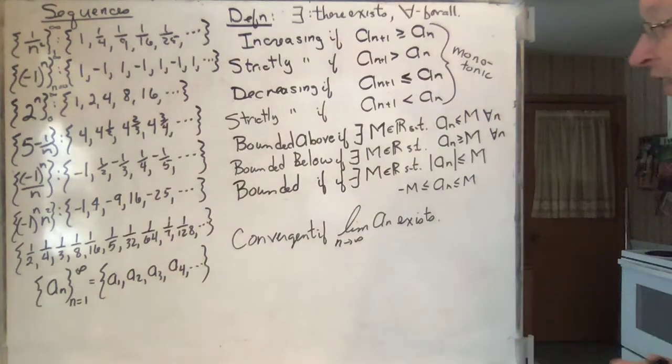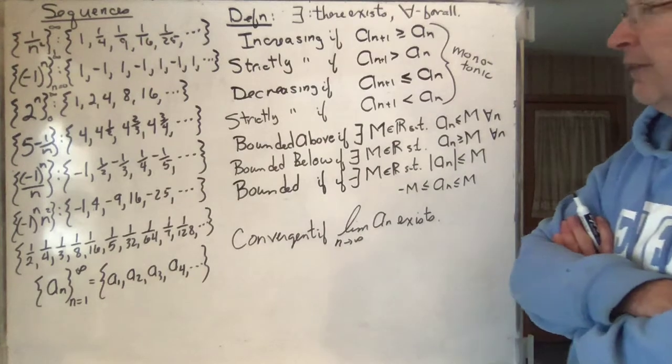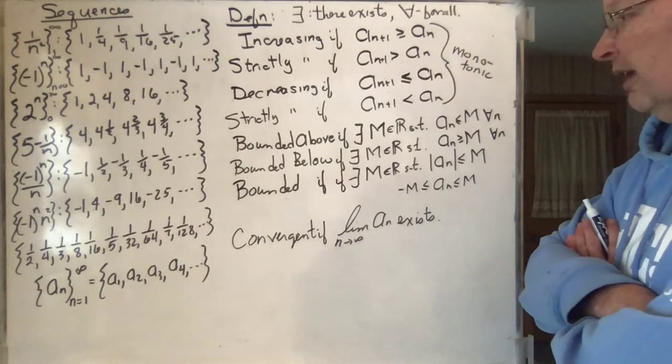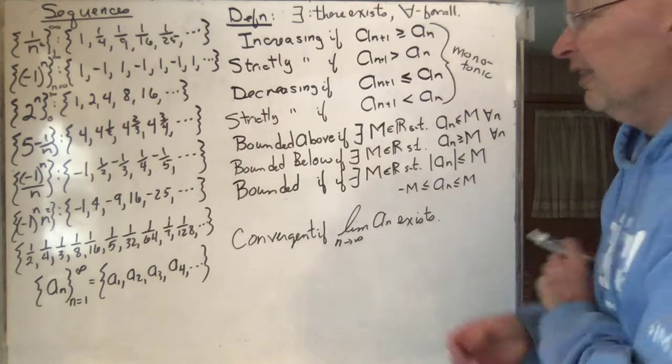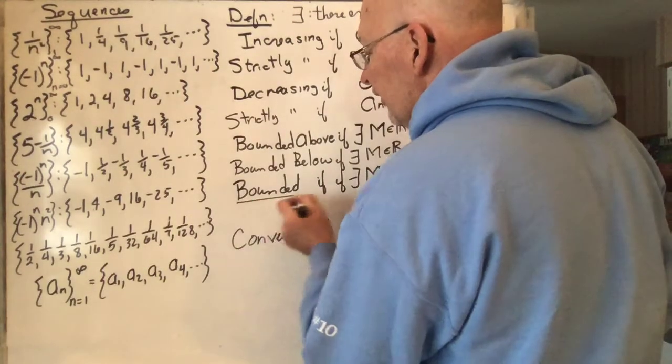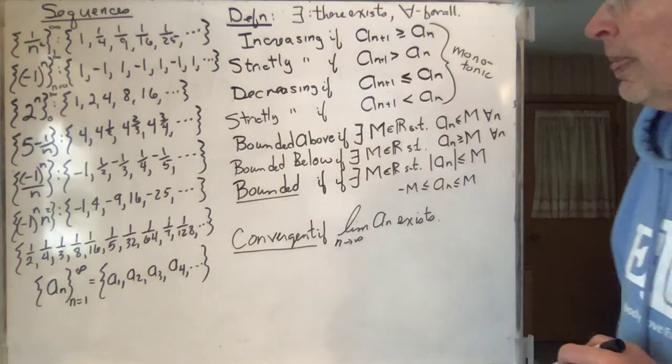If the limit of the sequence exists, okay? So what does it even mean for the limit to exist? Well, we're going to get to that, but I'm guessing you have kind of an intuitive notion of it already. So let's see if we all agree on these things, and then we're going to dive into this one in more detail by way of a definition.